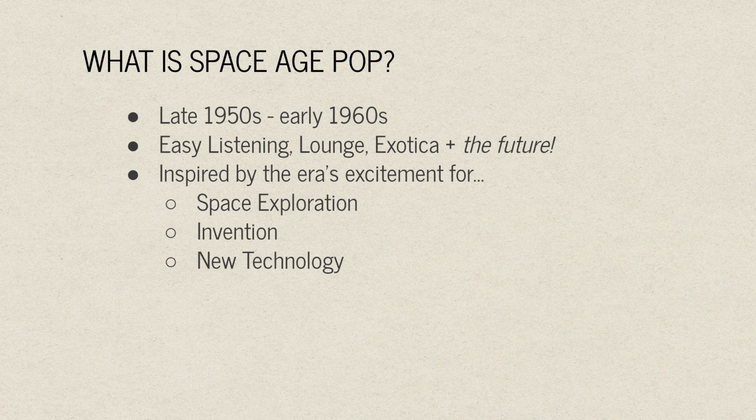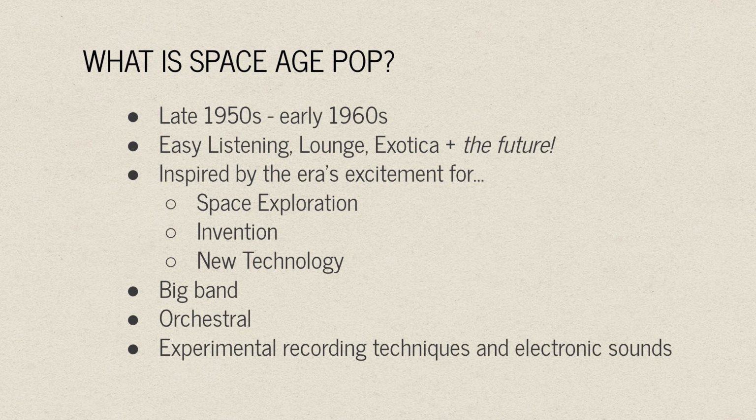Musically, it draws from big band and orchestral styles, and then it often includes experimental recording techniques, primitive electronic sounds and synthesizers, and it just has this sense of optimism and wonder about the future.